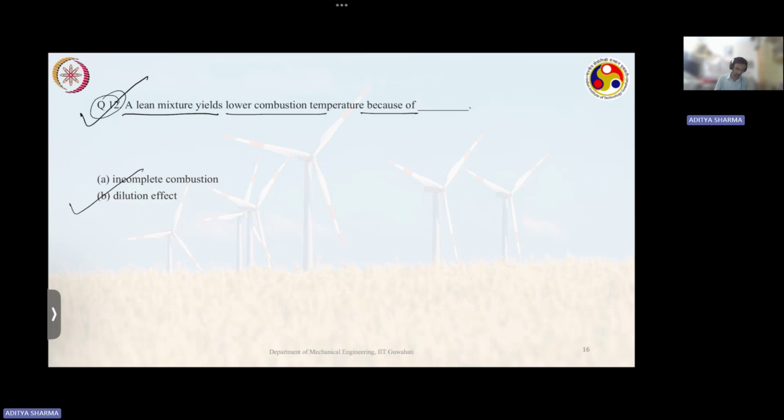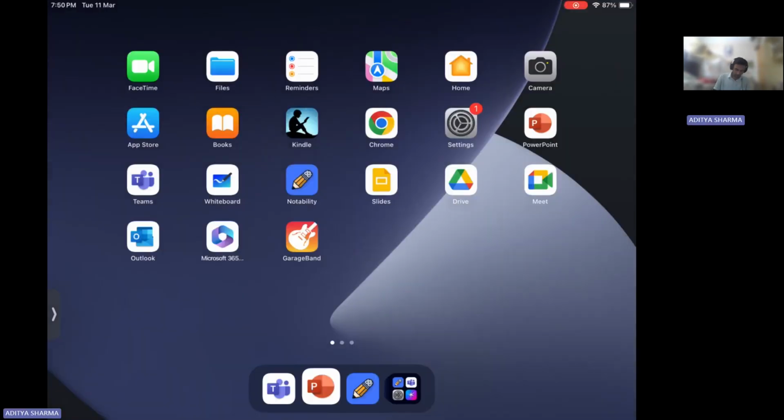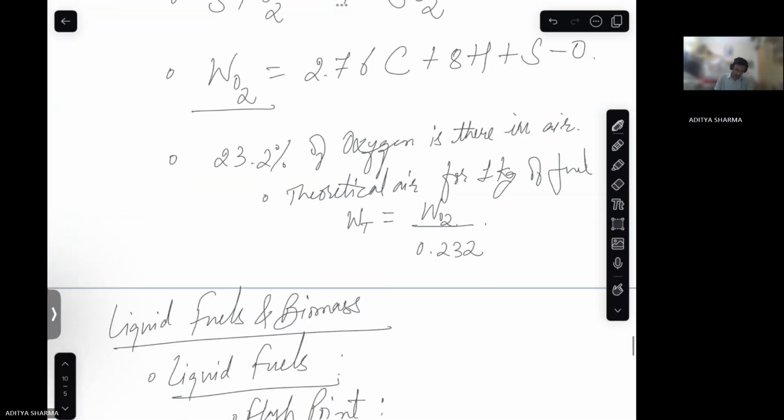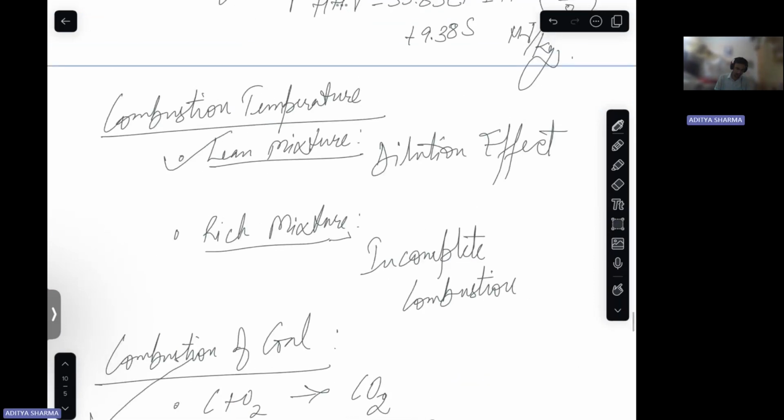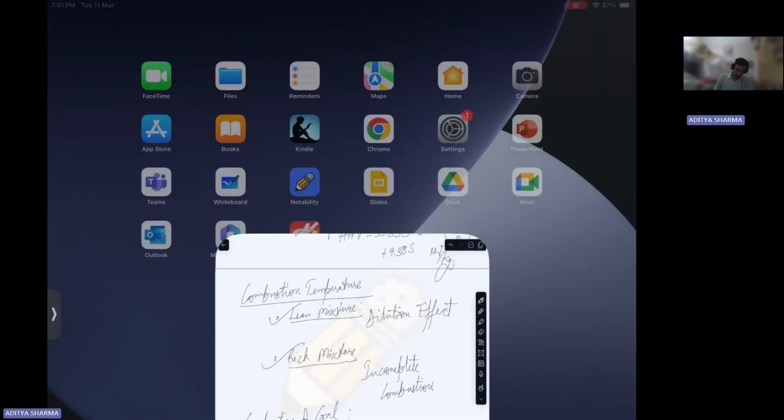So option B is correct for this. I hope you remember this. Air, lean mixture and rich mixture.